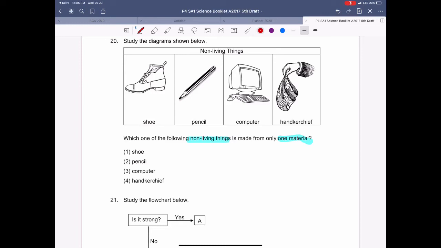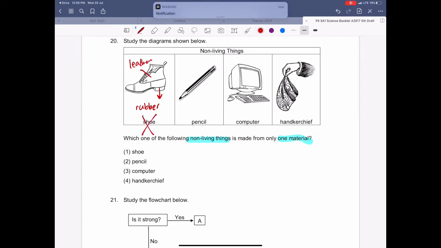Okay, guess what? They are all non-living things. So one material. So your shoes, usually this part here is made of what? Rubber. Some of them can use metal because they nail the sole of it to the leather. So this part is leather. So this one is wrong already.